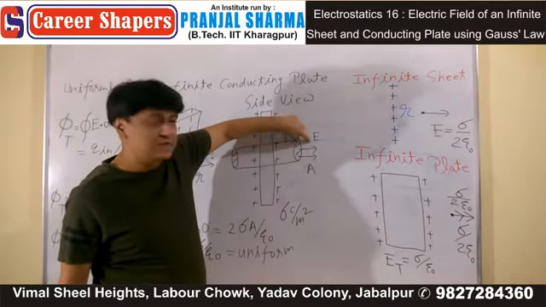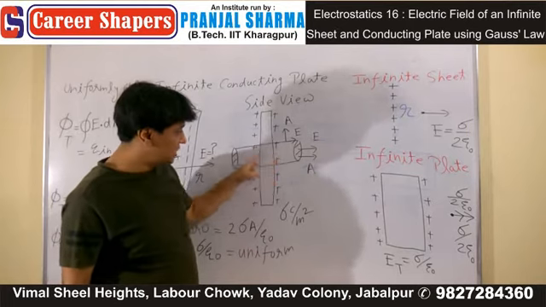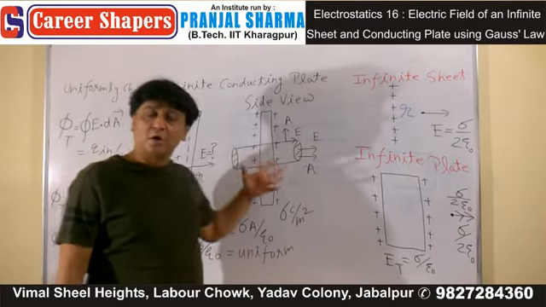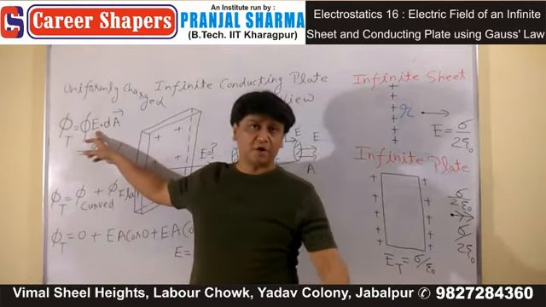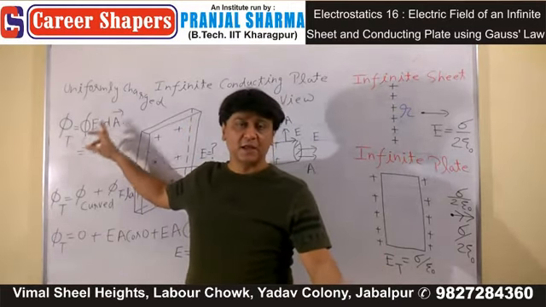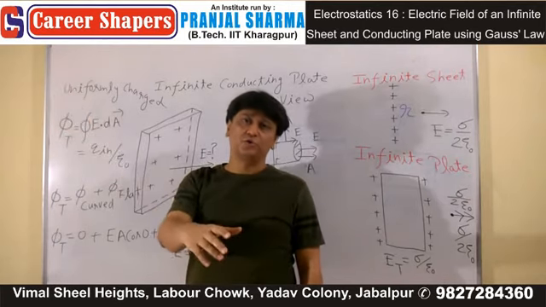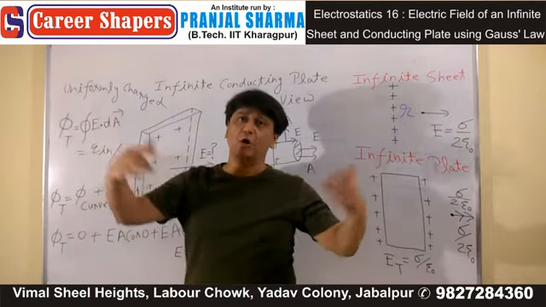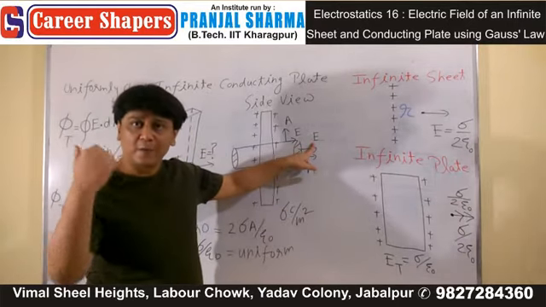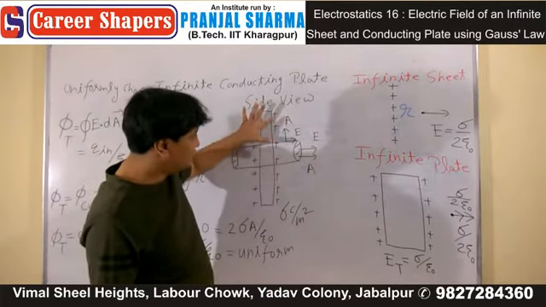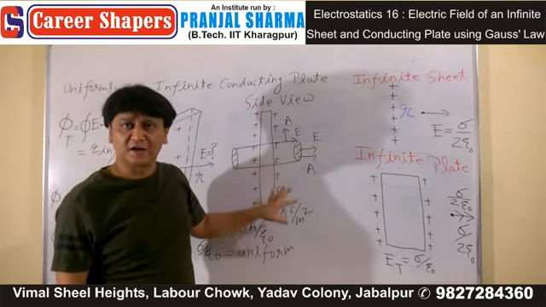Whose electric field is this? We do not say that this electric field is of this charge or of this charge. What is the statement of Gauss? When you write Gauss, whose E is this? This E is the electric field of any charge which is present inside or outside. So this electric field automatically is of each and every charge present on this infinite conducting plate.